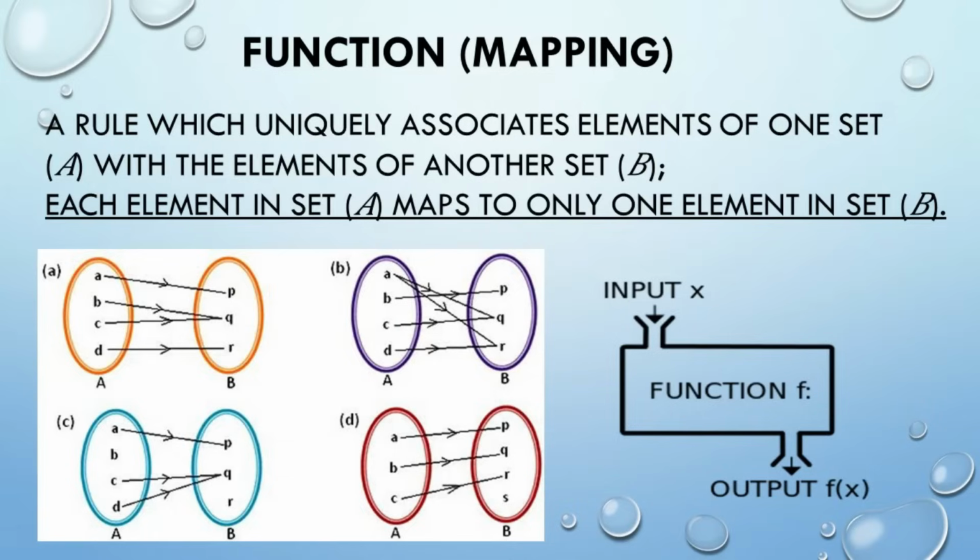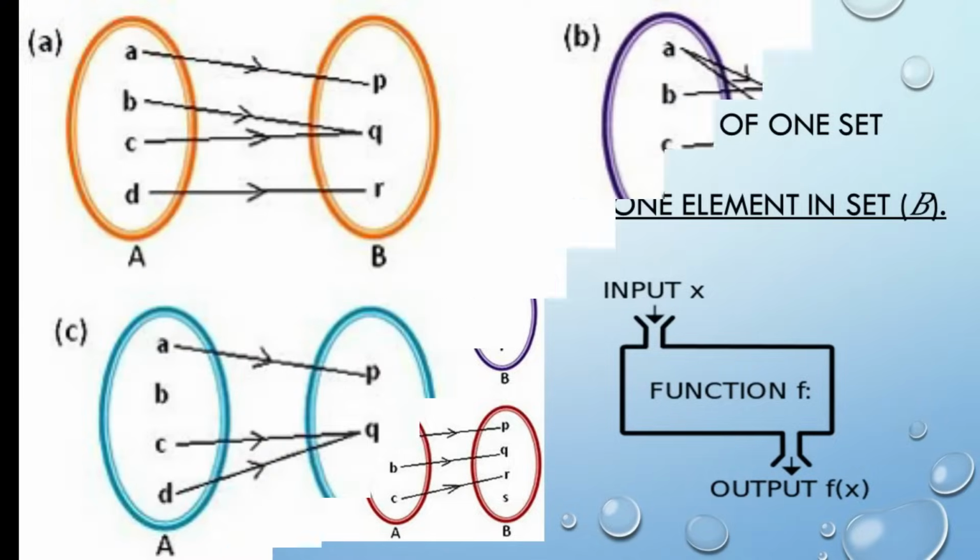Each element in set A maps to only one element in set B. Sometimes we use the word mapping for function. Both words have the same meaning. In the picture you can see there are four types of relations. Now try to identify which of them are functions.